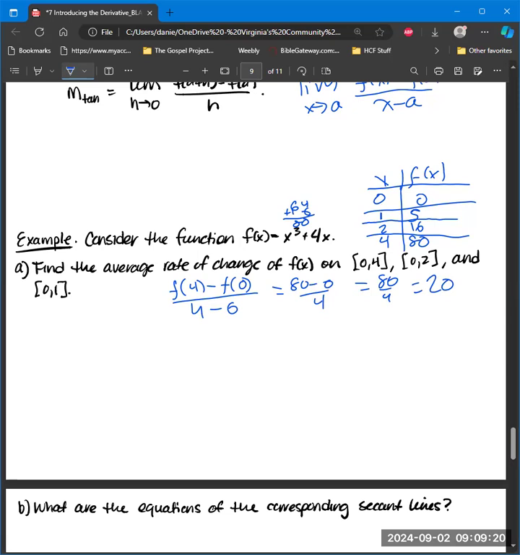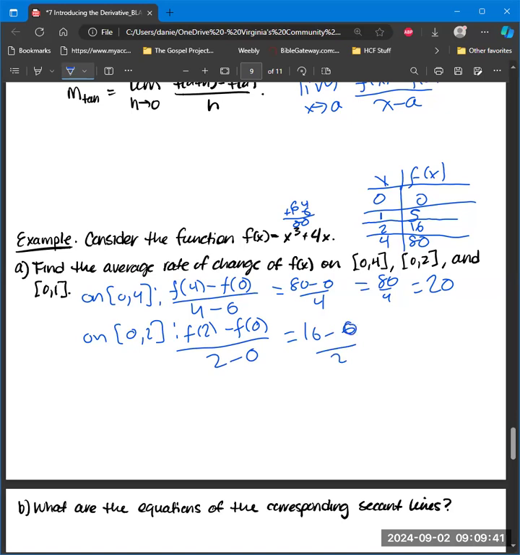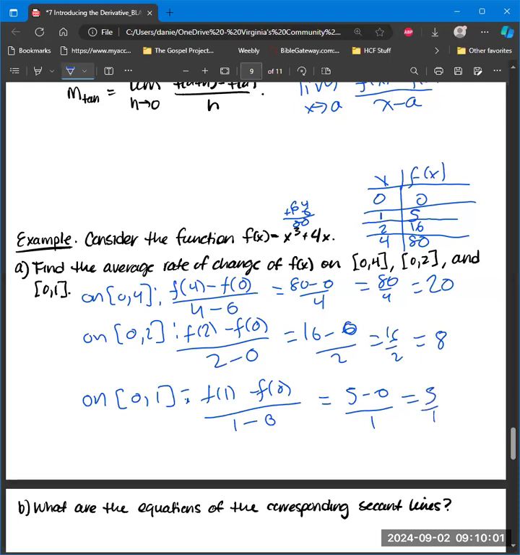And then on 0, 2, we have f of 2 minus f of 0 over 2 minus 0, which is 16 minus 0 over 2. 16 over 2 is 8. And then on 0, 1, we have f of 1 minus f of 0 over 1 minus 0, which is 5 minus 0 over 1. 5 over 1 is 5.